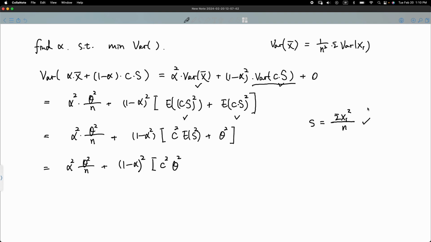Xi square over n. Over n minus 1 or n? Okay. Then maybe I will not comment too much on this. Then I will just, so this is equal to the theta square. This is given, sigma square is given in the handout, right?